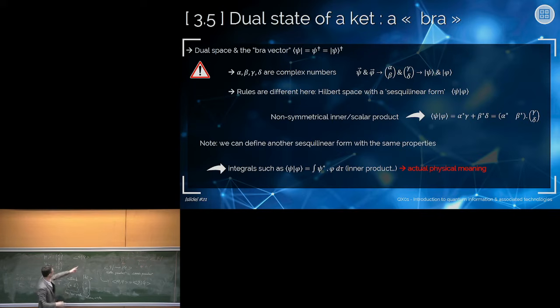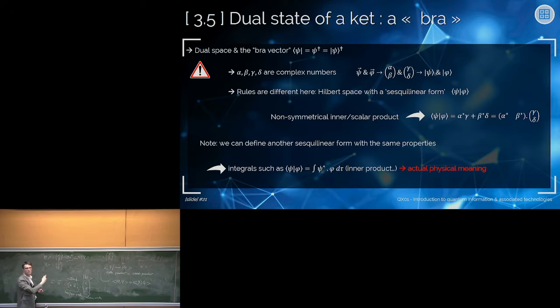On the right-hand side, I have the column vector, so that's untouched. This would be gamma delta. But then here, I have the dual part, the bra part, the daggered, let's say. That is: take this, transpose it, and complex conjugate it.